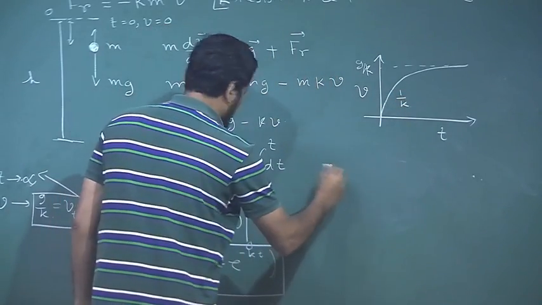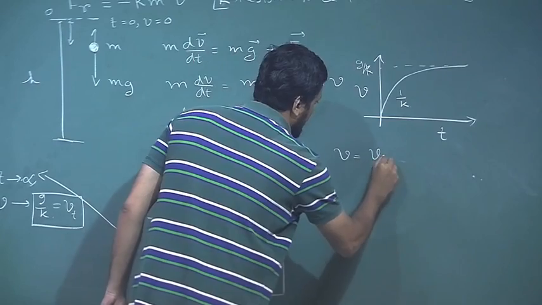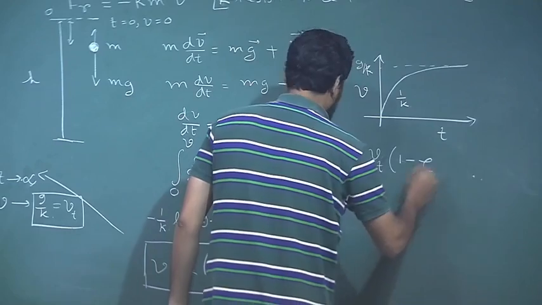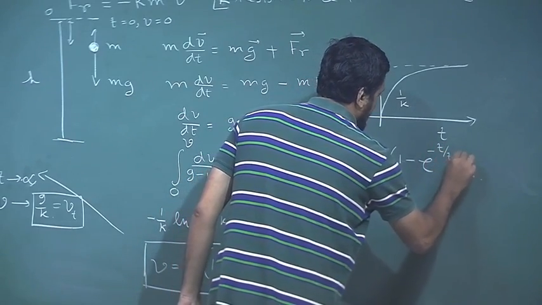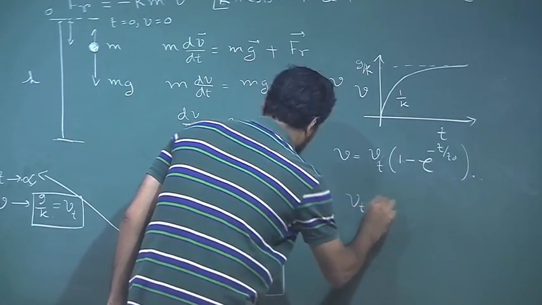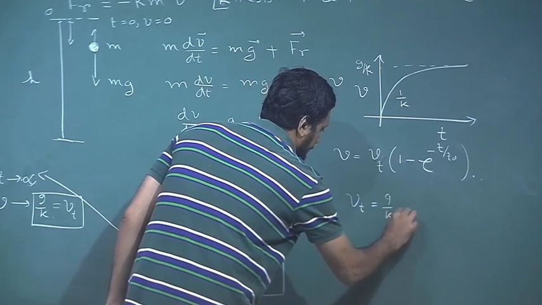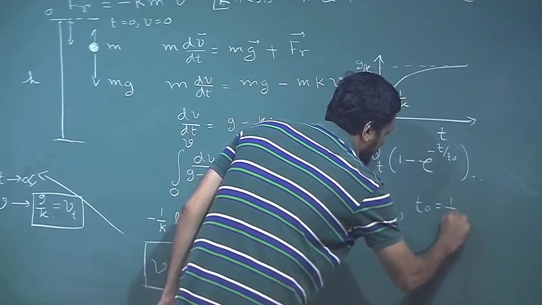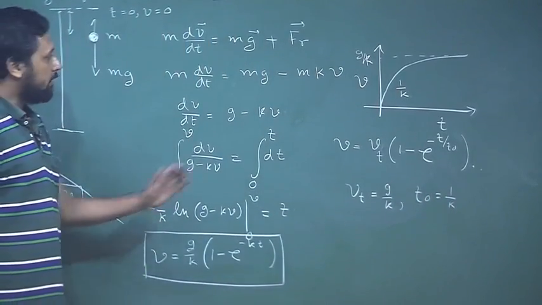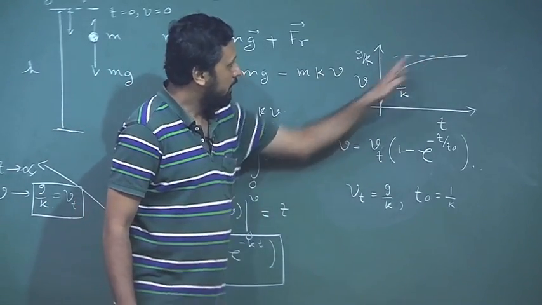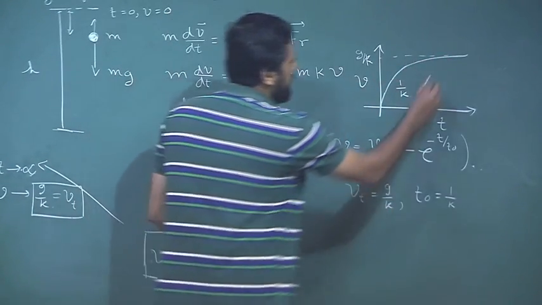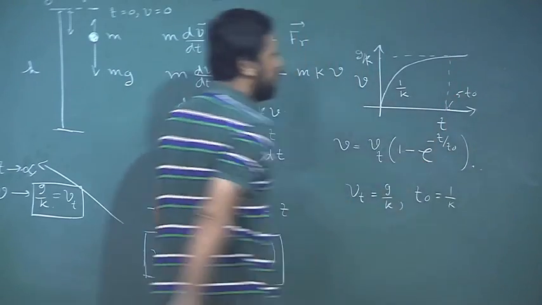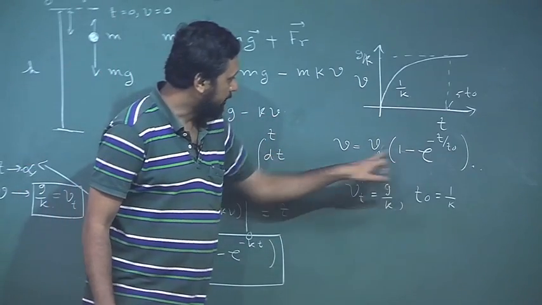So, I can rewrite this expression as v is equal to v t times 1 minus e to the power minus t by t 0, where v t is simply g by k and t 0 is 1 over k. And we know that like all exponential growth, it typically takes 5 t 0 to reach the final velocity.